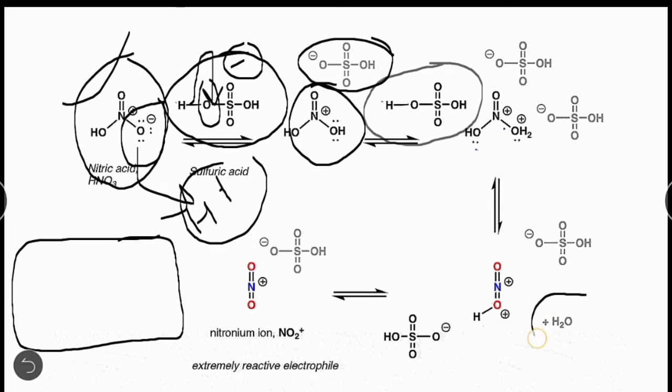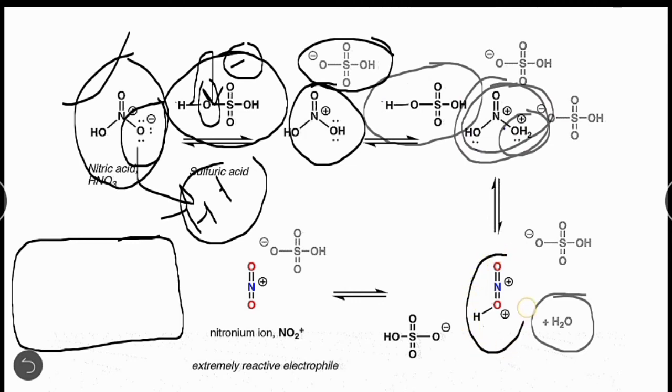Another reason why this H2O is getting away from this complex is that H2O is a very good leaving group, and therefore it is taking this electron pair with it and getting separated from this group. Now after the removal of this H2O, this whole complex gets converted into another complex like this.